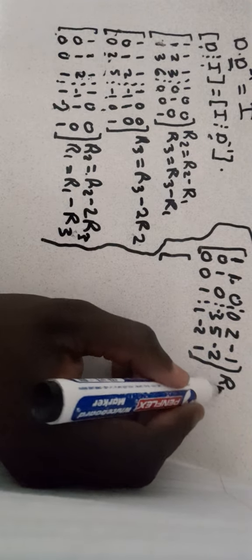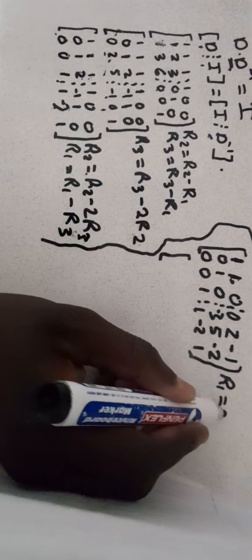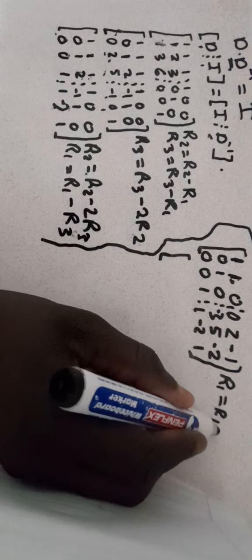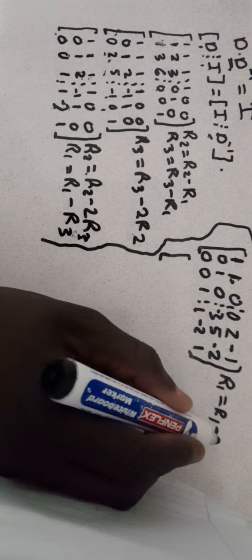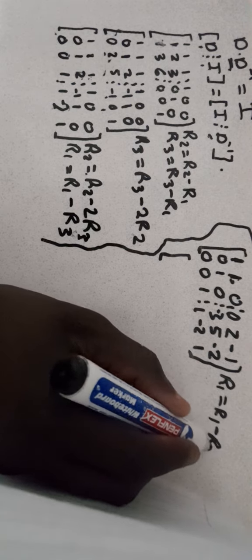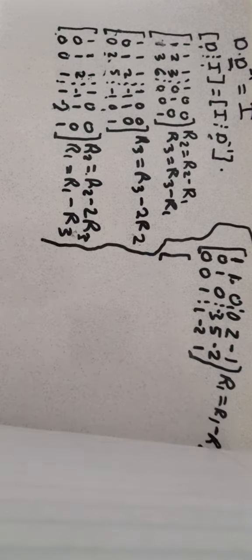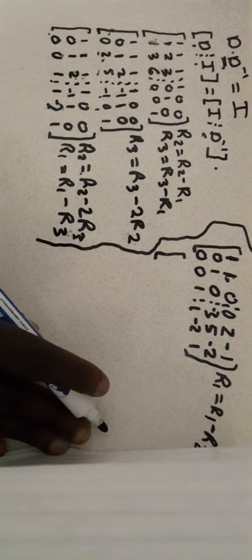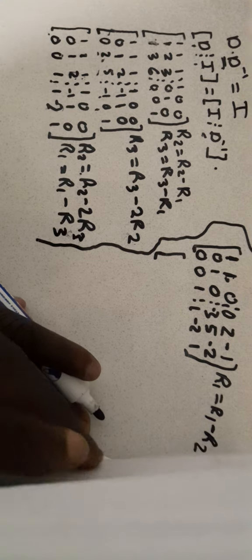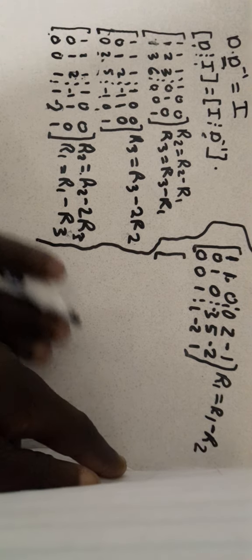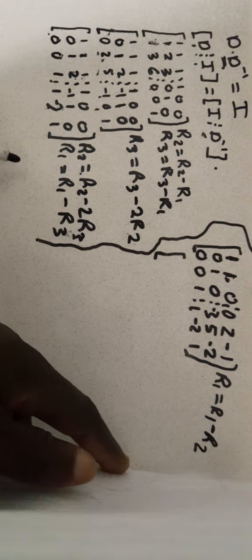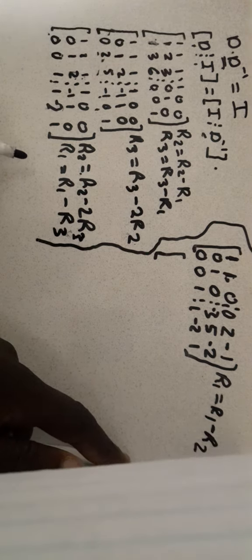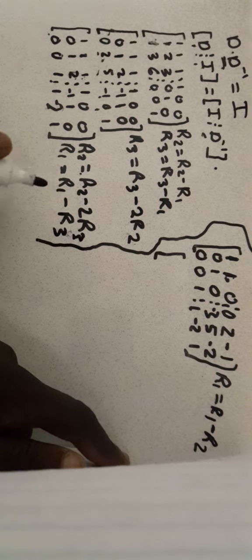So R1 will be R1 minus R2. So you can see that this one will become that minus that. So let's do that.